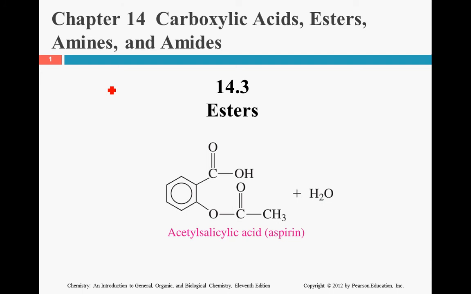Okay, now we're going to start talking about esters, which are once again very similar to carboxylic acids in the way that ketones are similar to aldehydes. So if we look at the difference between ketones and aldehydes, a ketone is surrounded by carbons. An aldehyde has a hydrogen on at least one side.